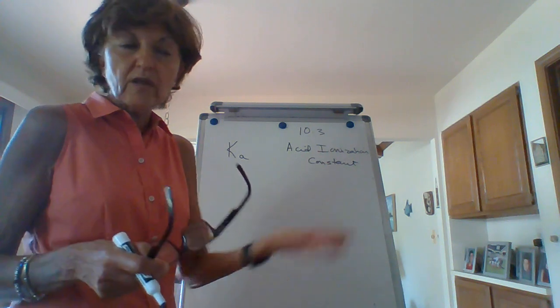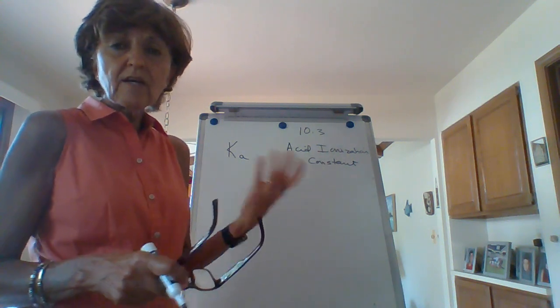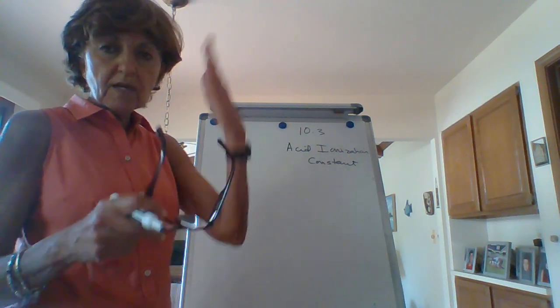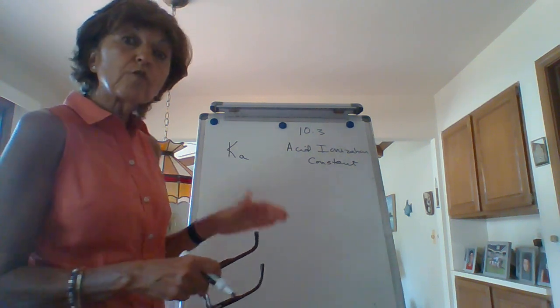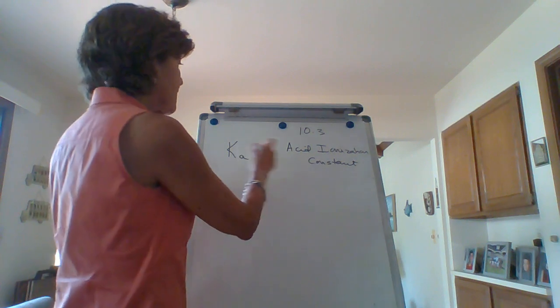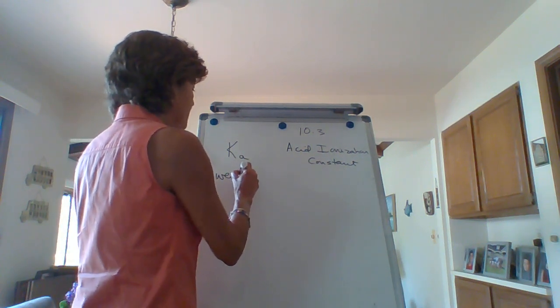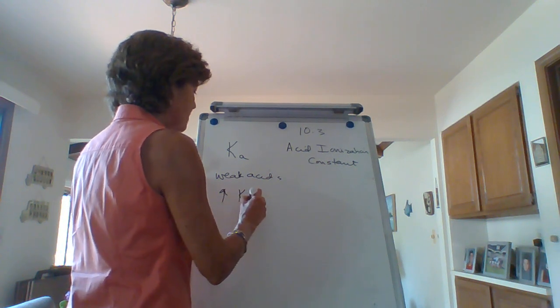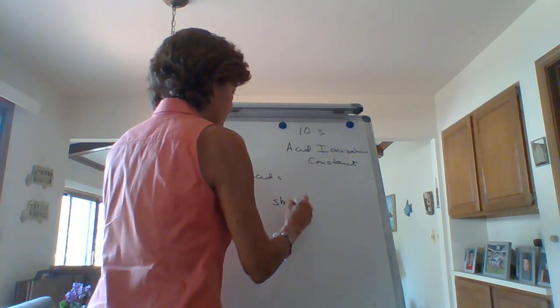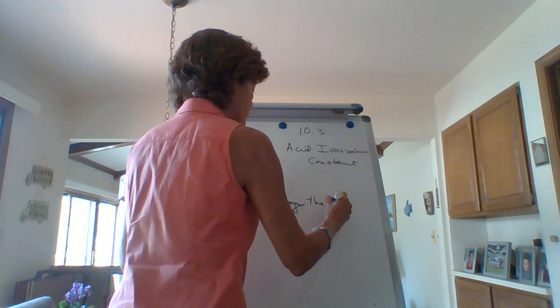So there's really no point. And there's very little on the left side. So if you're going to divide by 0, you end up getting infinity anyway. So no point. But there are Ka values for weak acids. So you always get Ka values for weak acids. The bigger the Ka, the stronger the weak acid.